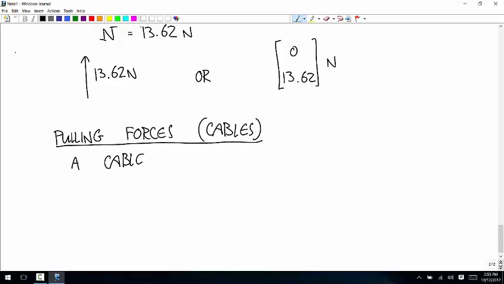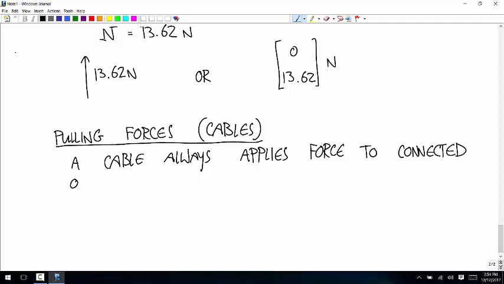So a cable always applies a force to a connected object that's parallel to the cable and it's away from the chosen object.